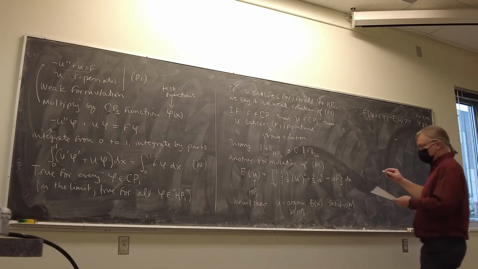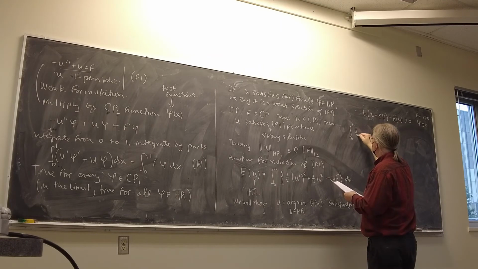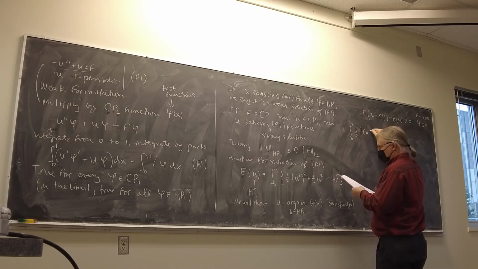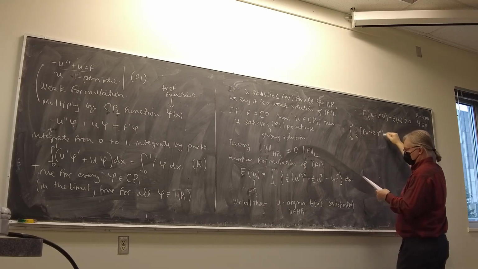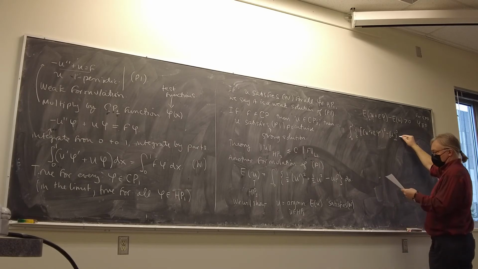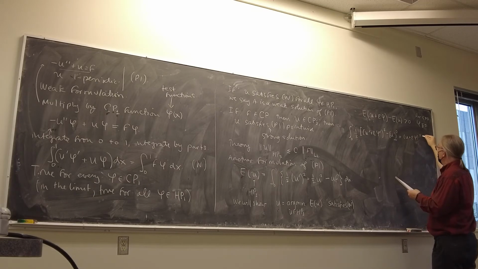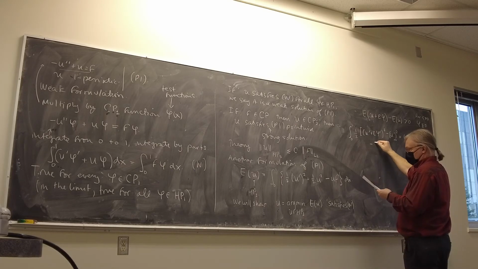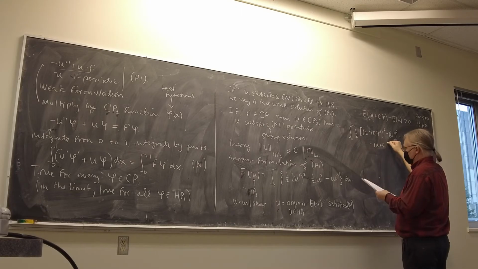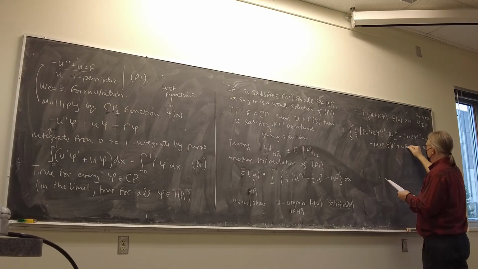So let's look at that. That says the integral from 0 to 1 of 1/2 (u prime plus epsilon phi prime) squared minus u prime squared plus (u plus epsilon phi) squared minus u squared minus (u plus epsilon phi) times f plus u times f.